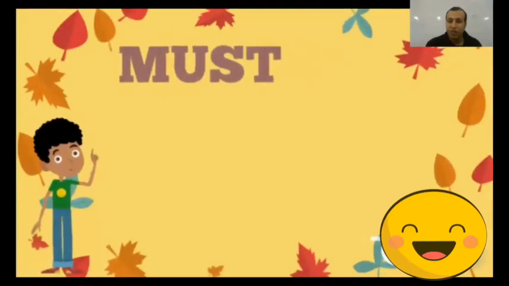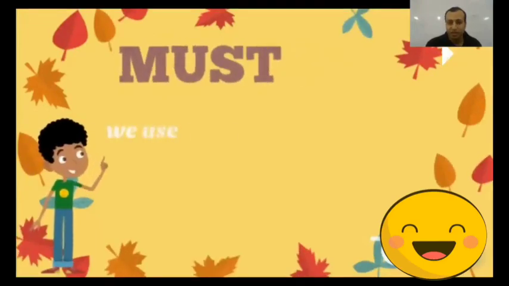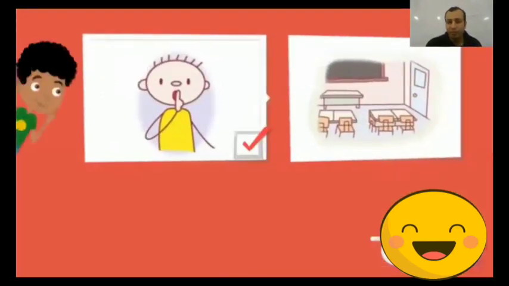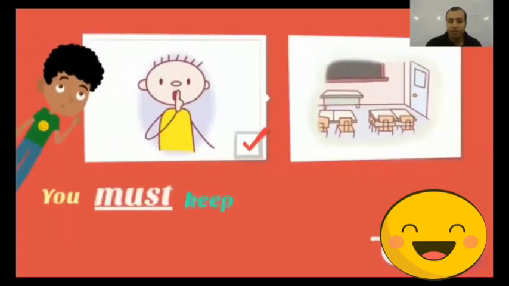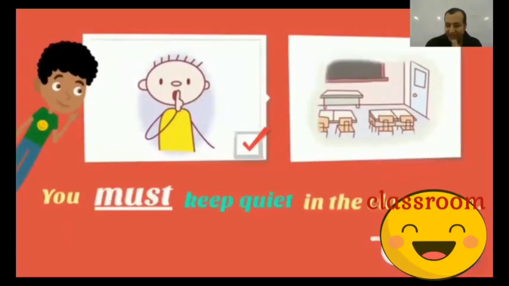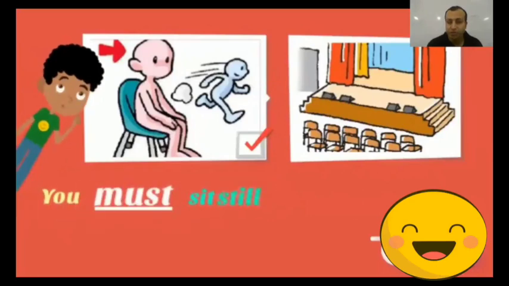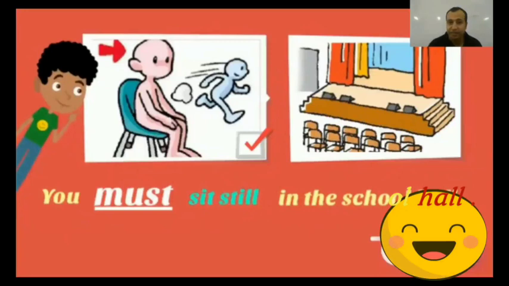When can we use must? What is the usage of it? We use must to tell people what they have to do. For example, you must keep quiet in the classroom. You must sit still in the school hall.